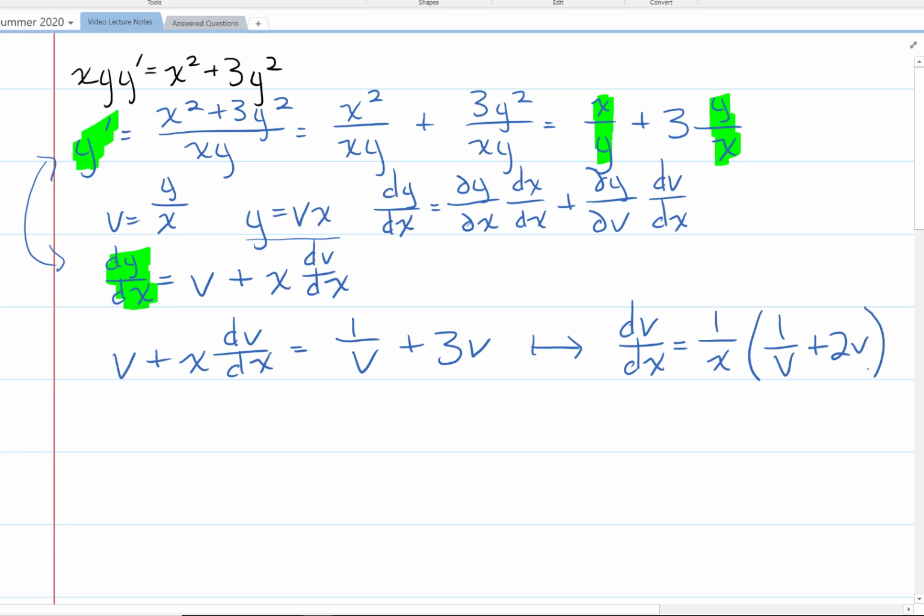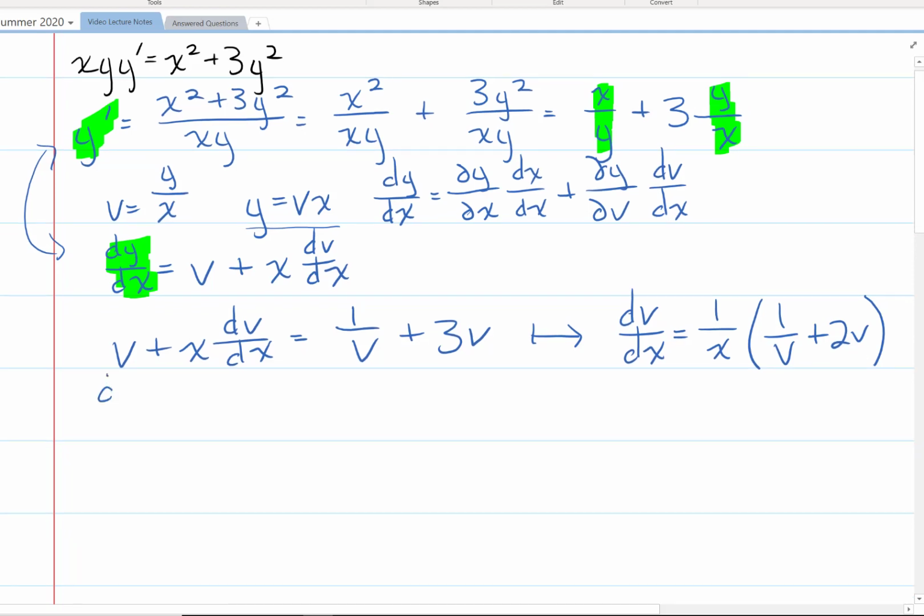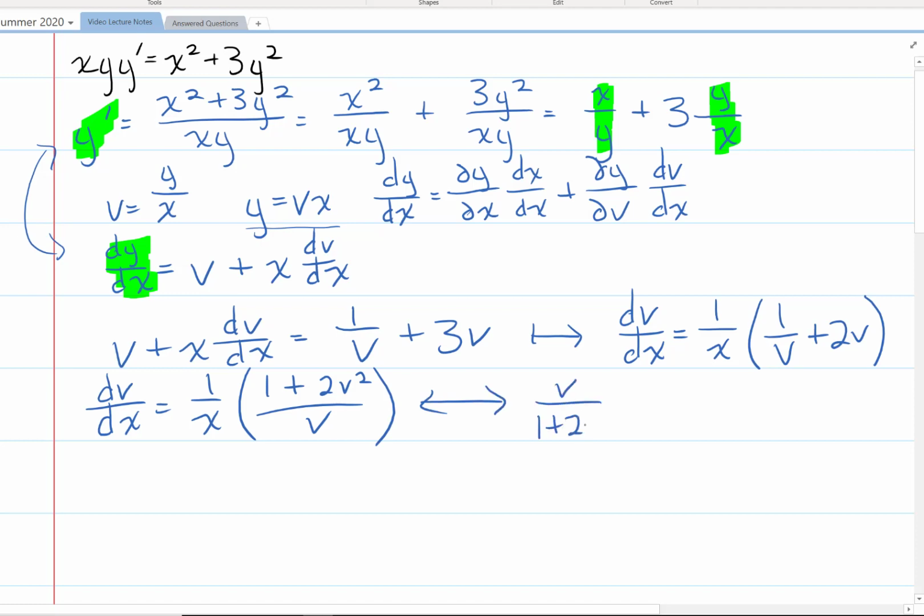And so you see that can be written as the product of an x function and a v function. If we combine the two v terms, we're going to end up with 1 plus 2v squared over v, right? Now we can separate the variables. So we get v over 1 plus 2v squared dv equals dx over x, separating the variables and allowing us to integrate this.